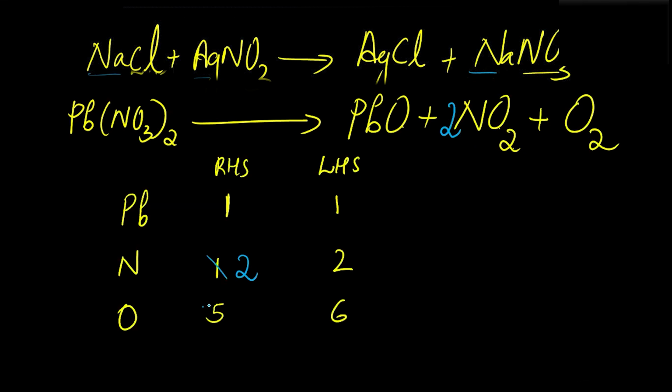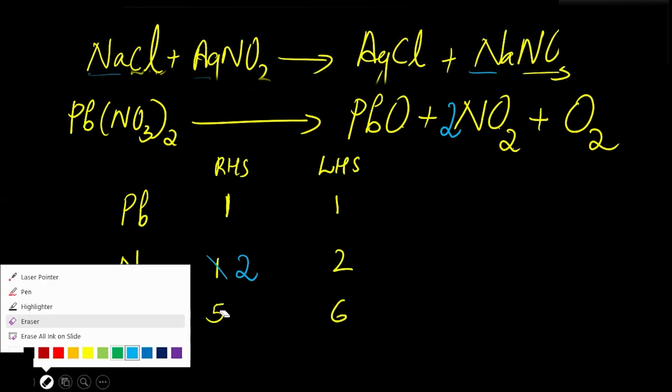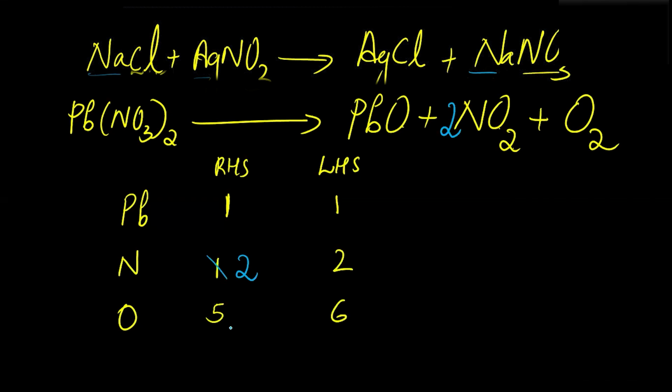Okay, it is now changed to 7, and the left is 6, right? An odd number versus an even number, right? So it is very difficult to balance. What do you have to do? Where is 7? On the right side it is 7. On the left side it is 6 only. The smaller number is here.